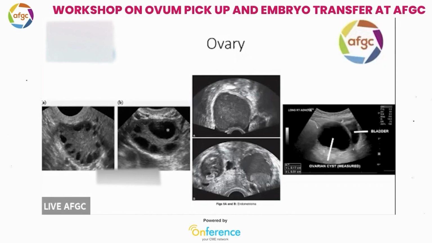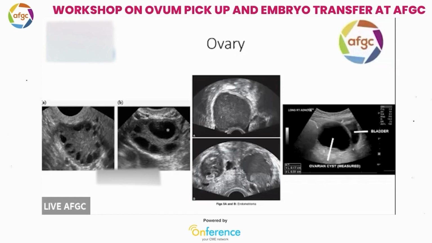The indications where we do cystectomy would be a young patient, no laparoscopy done in the past, and other factors like the tubal patency and semen analysis normal. In all other cases, older patients, endometriotic cysts coming back again and again, we would, and with other factors like tubal block, low ovarian reserve, we would go directly with IVF.